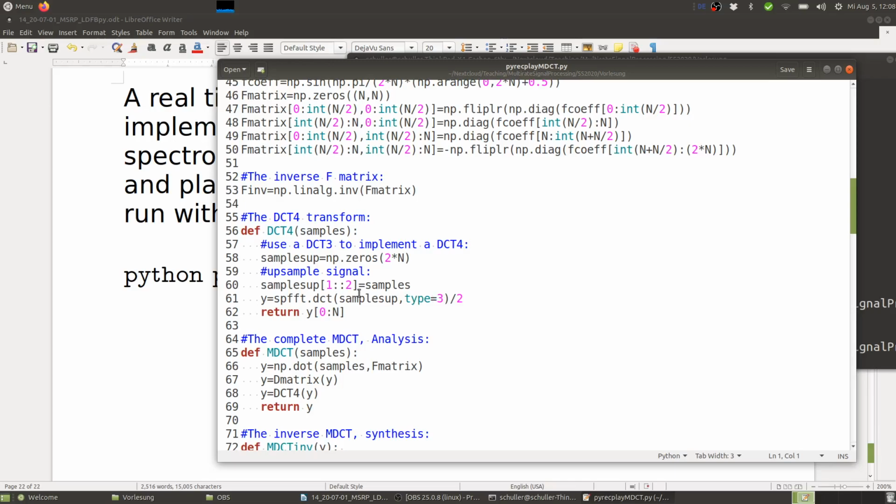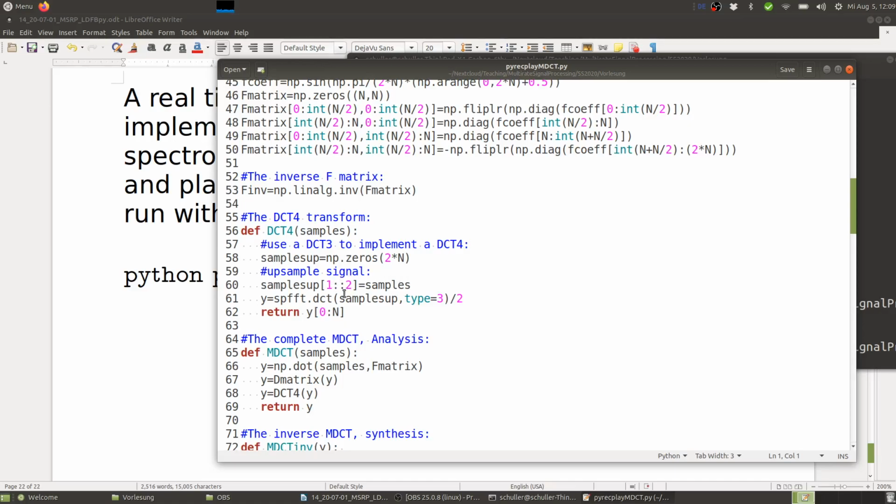So I'm using the type 3 to implement it, which I'm doing by upsampling a block and keeping zeros in between. Upsampling means I have twice the sampling rate, and that means I can now implement the shift of 1/2 sample by using a shift by 1 full sample at this higher sampling rate, which you can see by me starting here at 1 instead of 0. This corresponds to a shift of 1/2 sample at the original sampling rate.